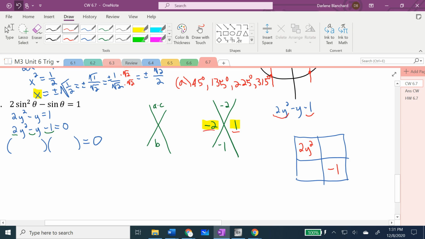So for those other two boxes, one of them is going to be negative 2y, the other one's going to be positive 1y. And you can put them whichever place you want.